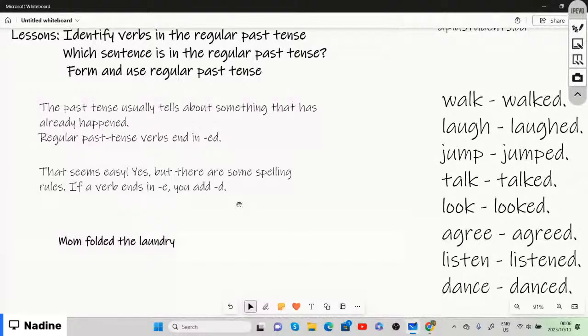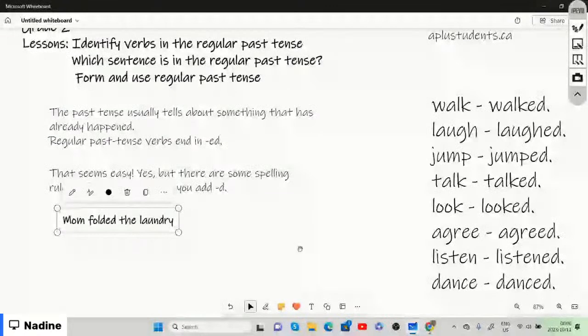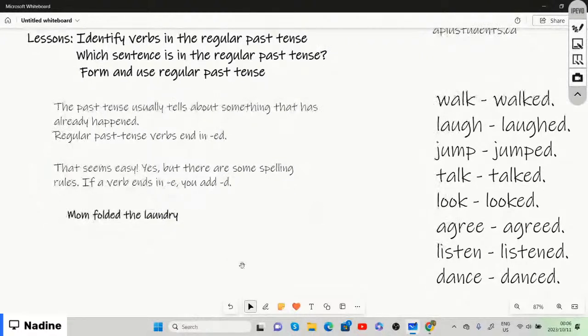And one example of a regular past tense verb. All right, so an example is we can say mom folded the laundry, right? So basically, it tells us something that has happened already. If you look at the sentence, it says mom folded the laundry.